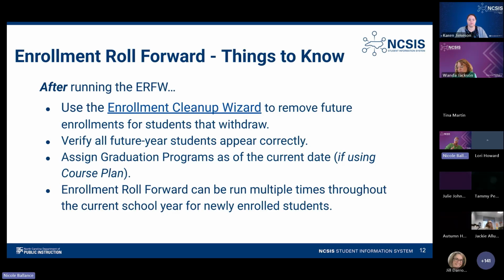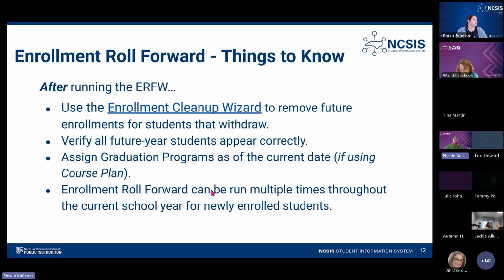So if you're going to be using the course plan to schedule your students for the future year, you want to make sure that they have this graduation plan in place. And just as a reminder, you can continue to run that enrollment roll forward wizard as many times as you need to for any new students that enroll into your schools after you've completed the process.